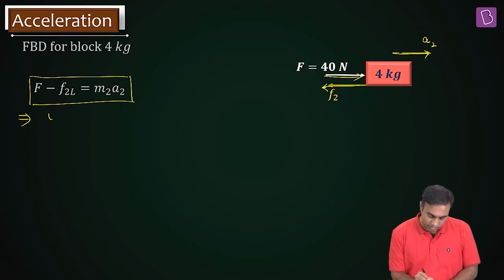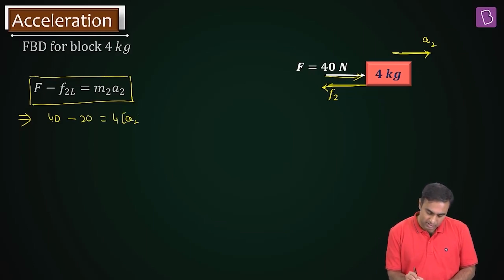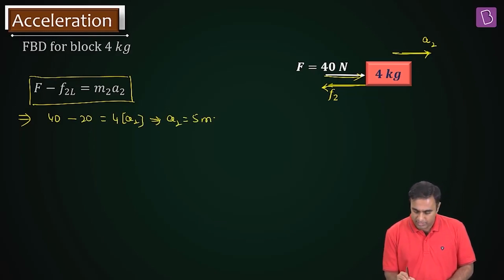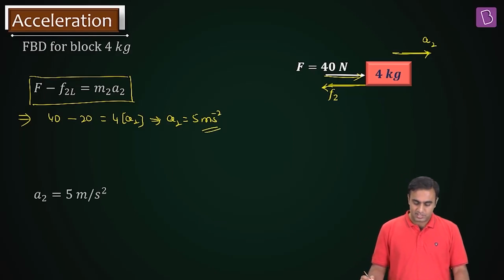What is F? 40 Newton minus F2L. We just calculated that it happened to be 20 Newton. And that's equal to 4 times a2. So a2 turns out to be 5 meter per second square. This is the acceleration of the 4 kg block.